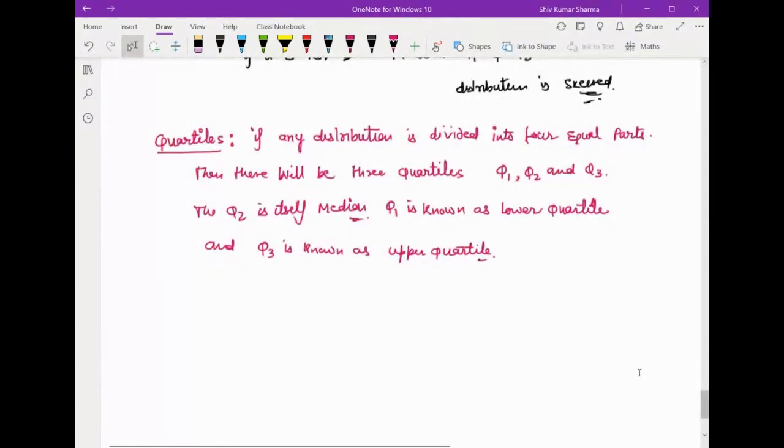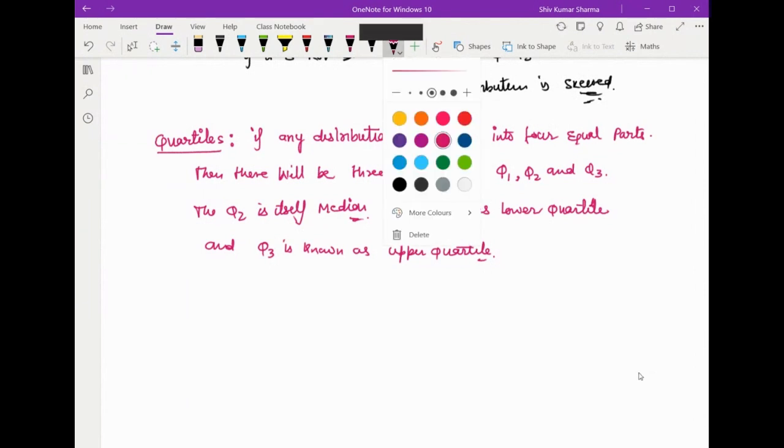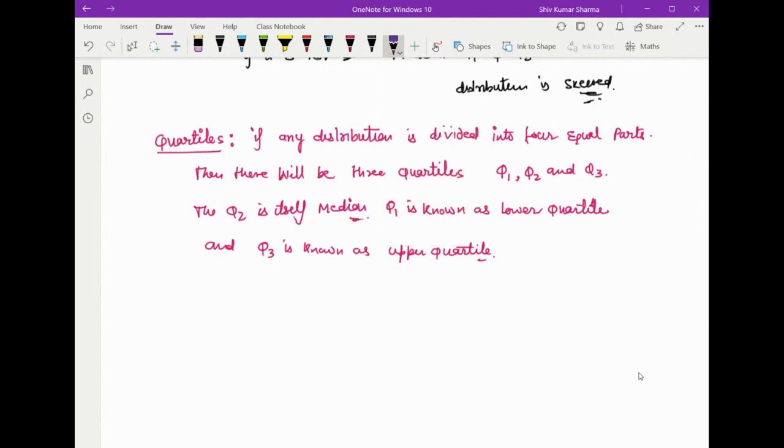For calculating the quartiles, we also include the decile.